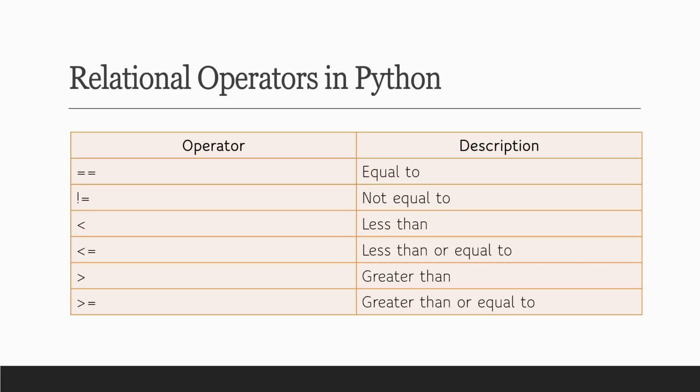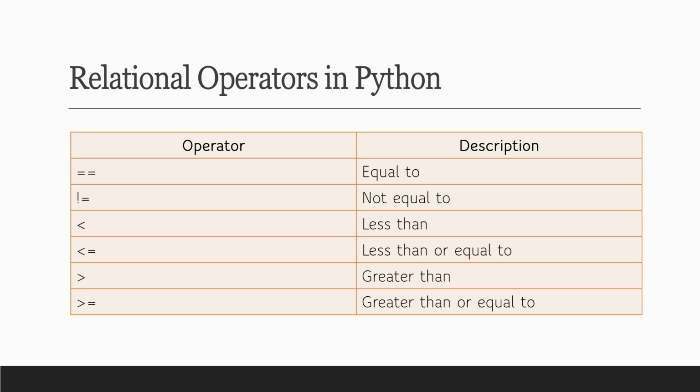If the values are not the same, the result is true. The less than operator checks whether the value on the left is smaller than the value on the right. The less than or equal to operator checks whether the value on the left is either smaller than or exactly equal to the value on the right.